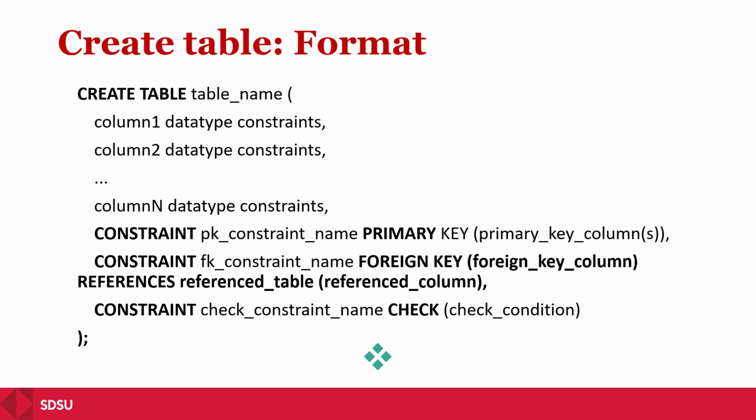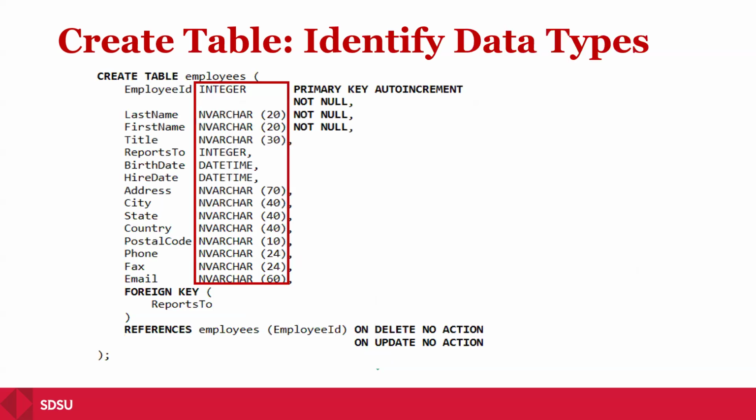So this is an example of check constraint. Here's an example of the employee table with different data types and different constraints. That's an actual example of the employee table from our SQLite database.